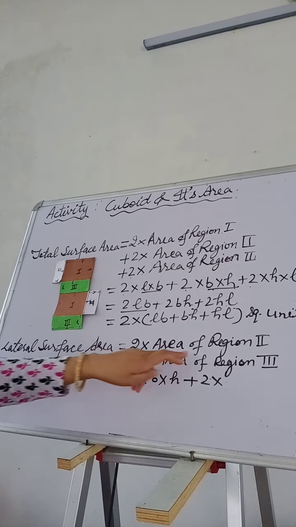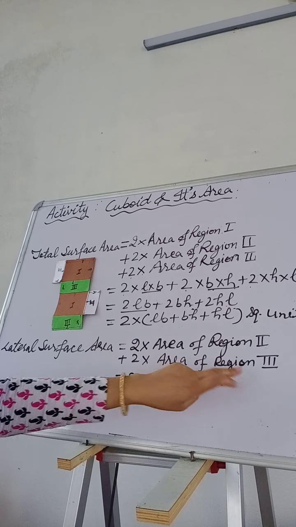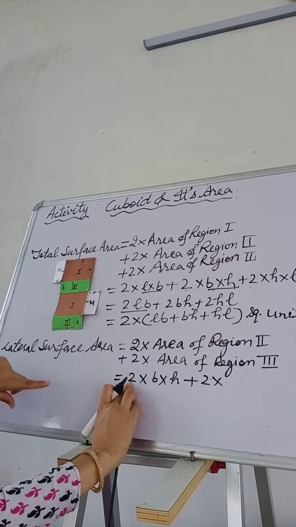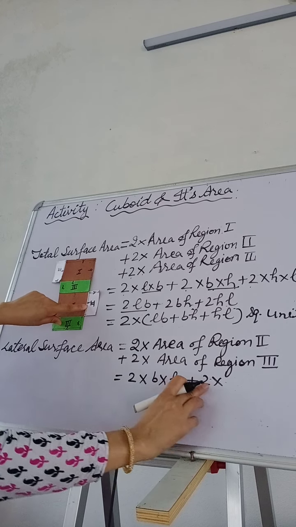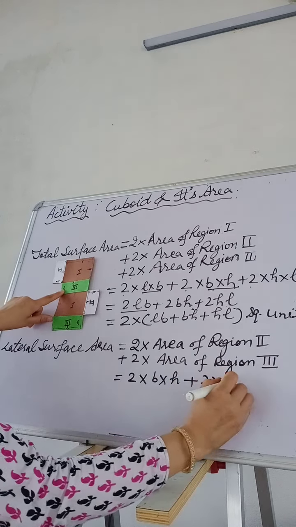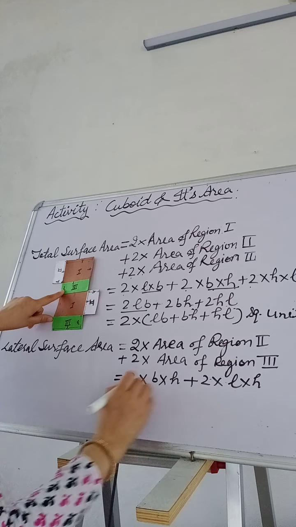Now 2 times area of region 2 plus 2 times area of region 3. This is 2 multiplied by breadth multiplied by height plus 2 multiplied by length multiplied by height.